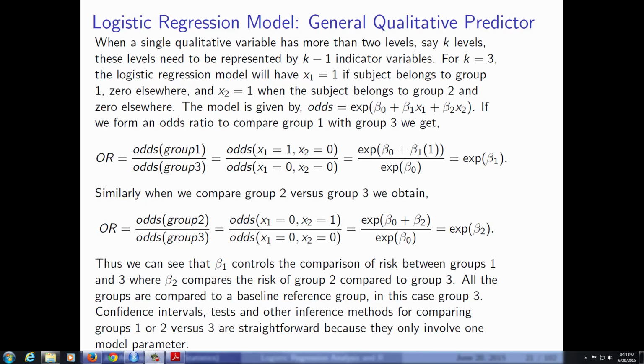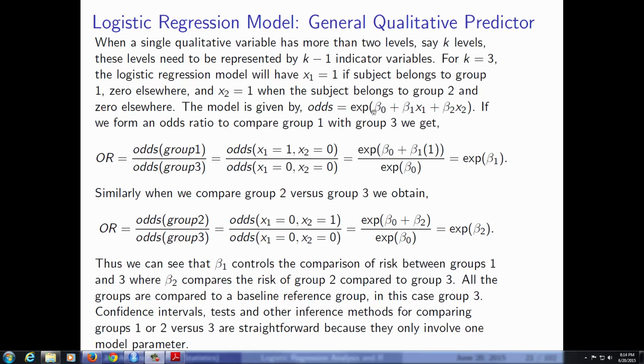When a predictor has more than two levels, let's say k of them, you need k minus 1 indicator variables to fully specify that information. You've seen this before when we've dealt with factor variables earlier in the course. For example, if k equals 3, a logistic model could be specified like this.